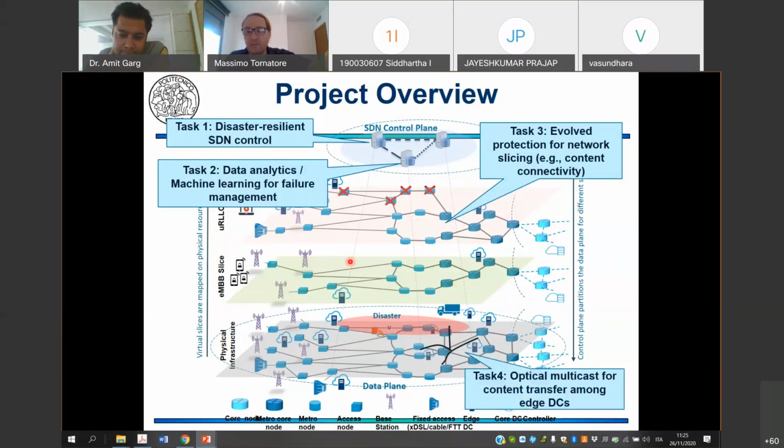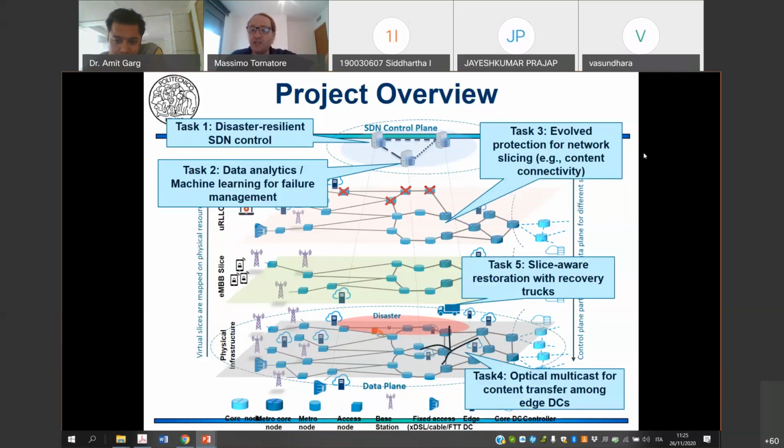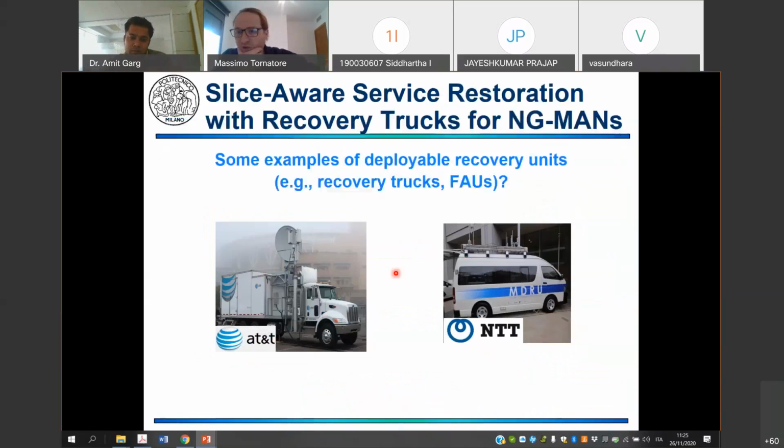We also talk about some multicast, and we talk about using recovery tracks, sorry, for protection. Let me give a little observation on this point. You might be aware that when there is a large disaster, operators have available movable network equipment.